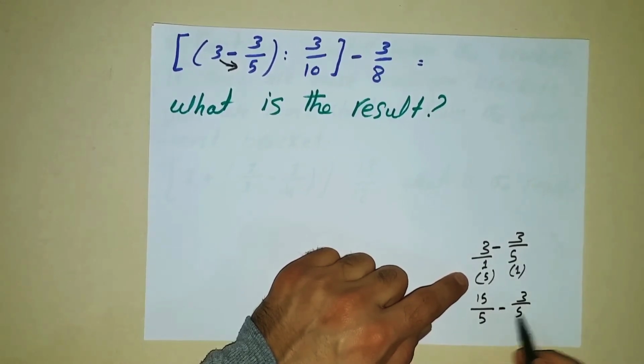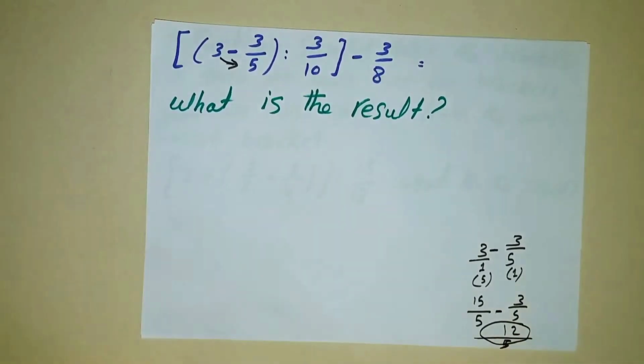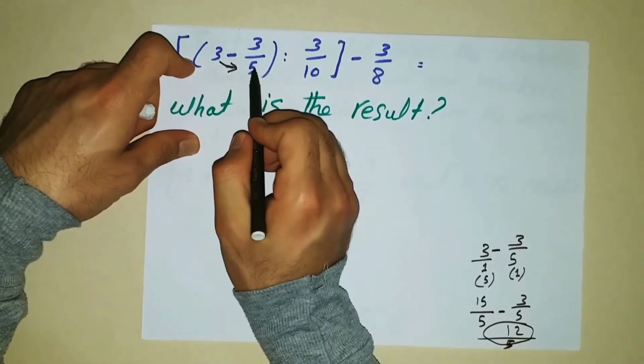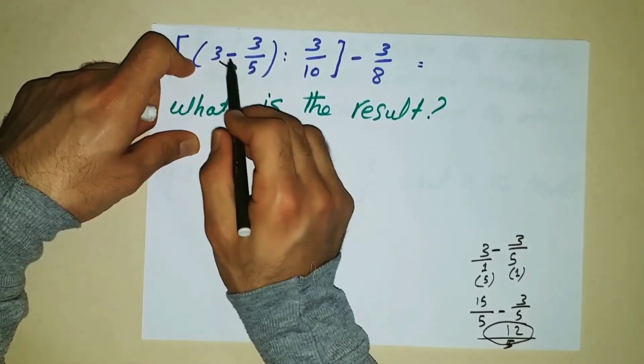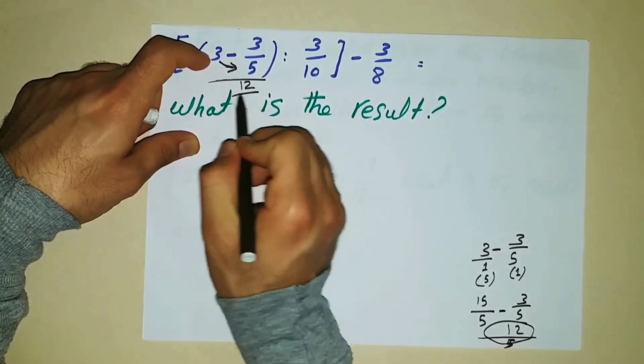Now the denominator is the same, so I can subtract the numerators. 15 minus 3 will give me 12. But I am going to do it with the fast way: 5 threes are 15, minus 3 will give me 12 by 5.